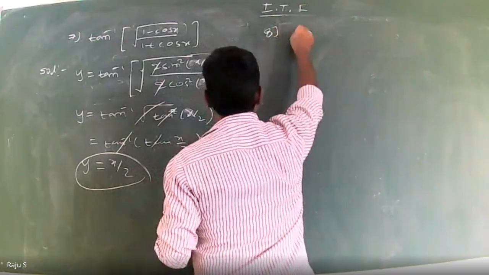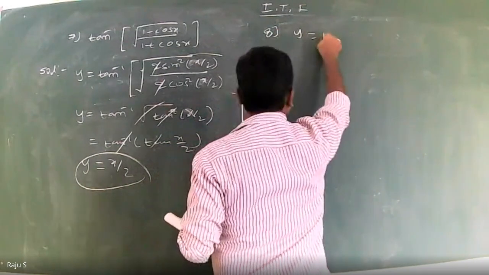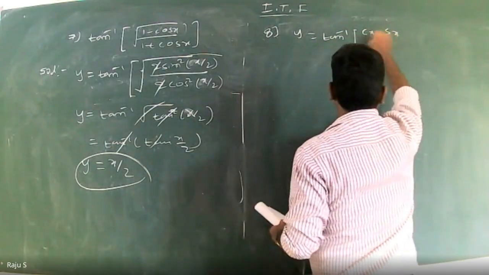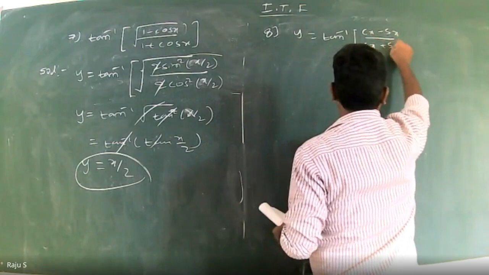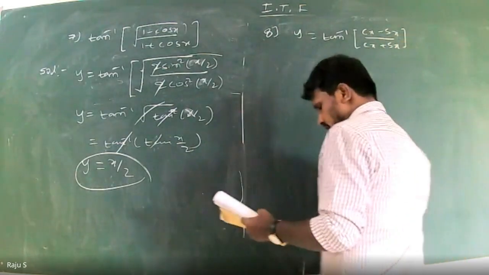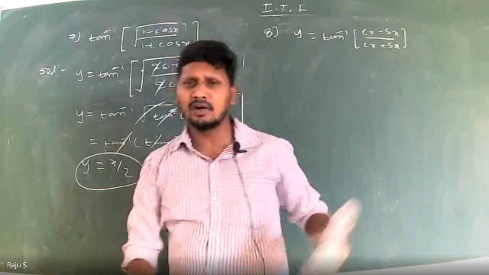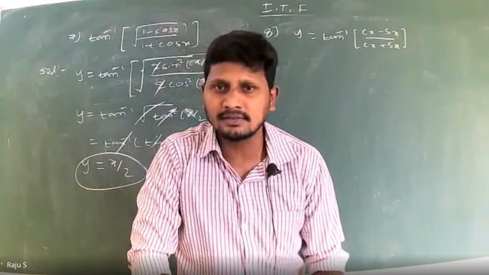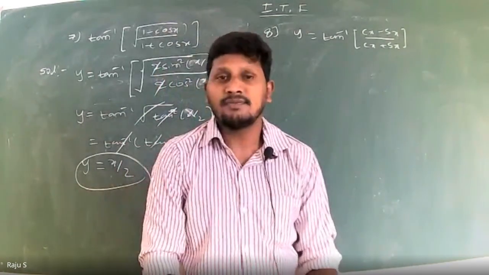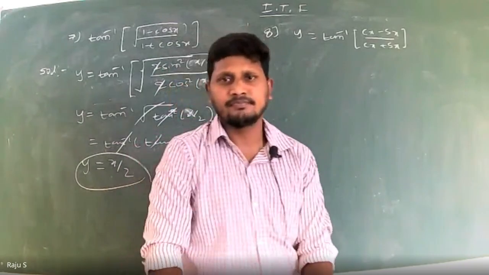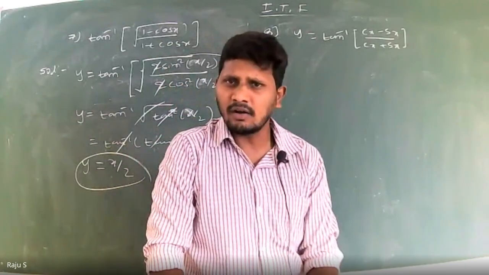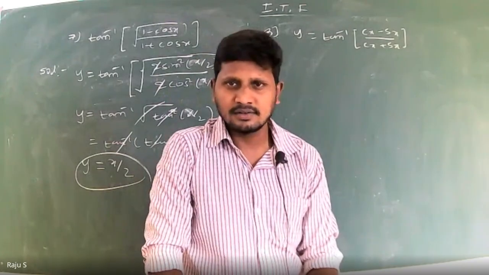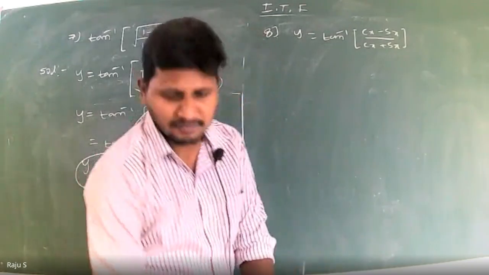Next one is the eighth: y is equal to tan inverse of cos x minus sin x by cos x plus sin x. What is the formula for cos x minus sin x by cos x plus sin x in terms of tan? Forget all formulas.